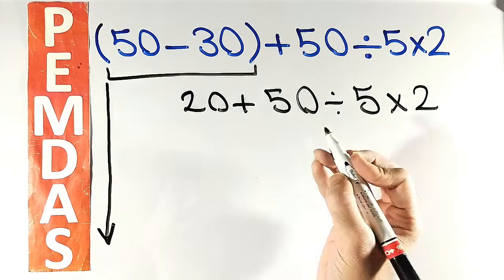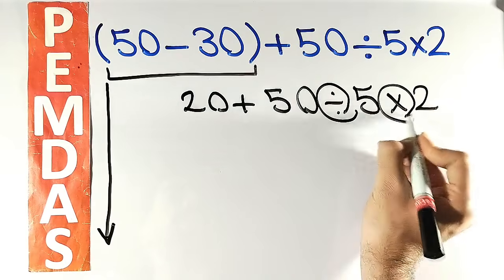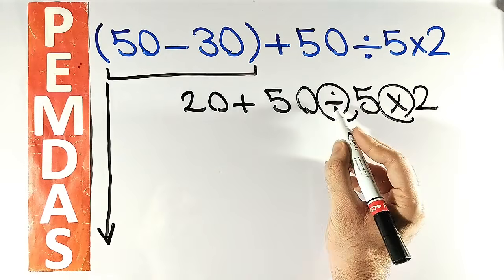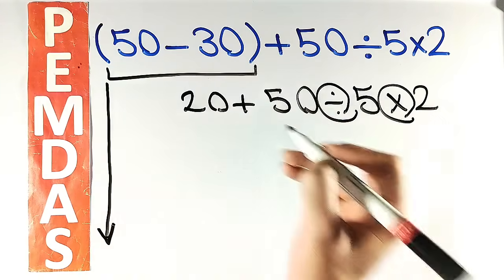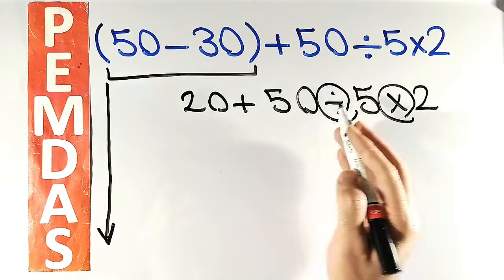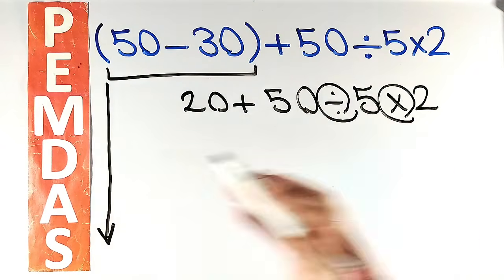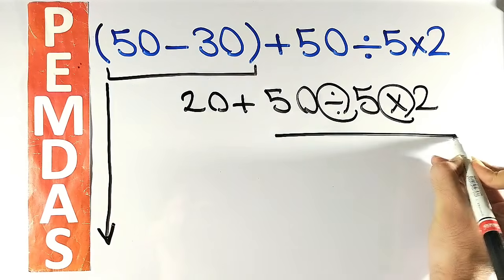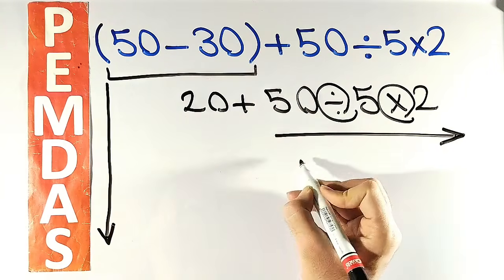In the next step, we go for the division and multiplication, because multiplication and division have a higher priority than addition. However, it's really important to understand that multiplication and division are at the same level of precedence, and we must perform these two operations from left to right.